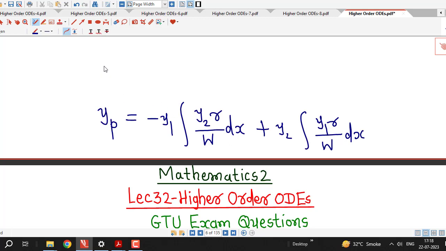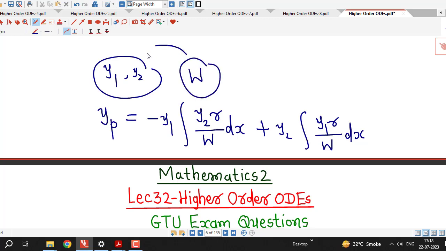In this formula, y1 and y2 are the solutions of the corresponding homogeneous differential equation, and W is the Wronskian for these two linearly independent solutions y1 and y2.